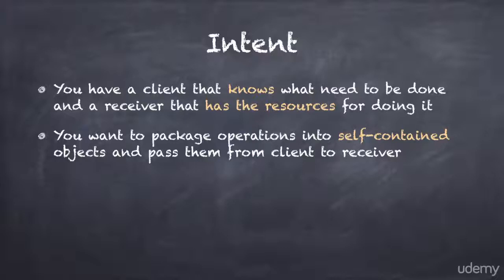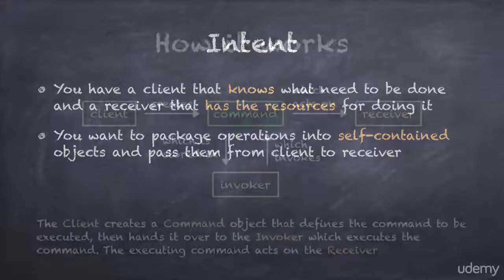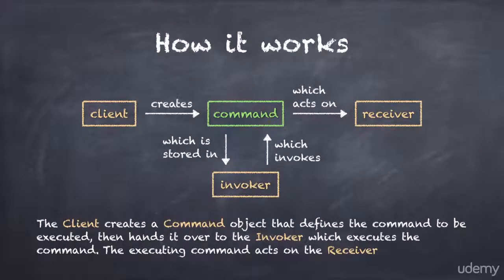The key intent of this pattern is that you have two distinct classes in your application architecture, a client and a receiver. And the client needs to invoke some kind of operation on the receiver object. The client does not call the receiver object directly, but instead it creates a command object.